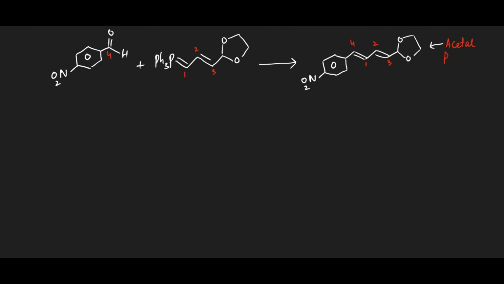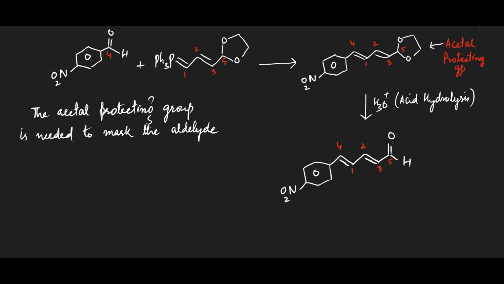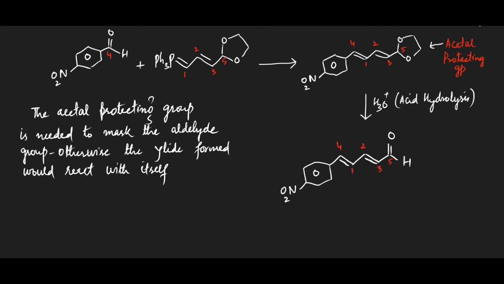This is an acetal protecting group, which can be hydrolyzed with acid to regenerate the carbonyl at C5. The acetal protecting group is needed to mask the aldehyde group. Otherwise, the ylide formed would react with itself.